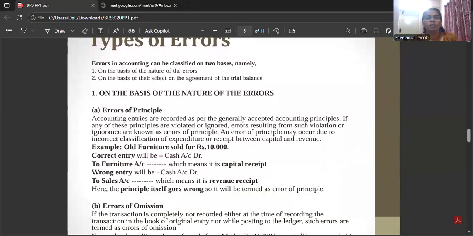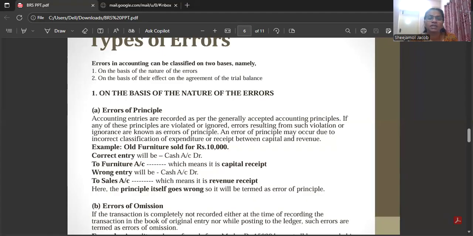Errors in accounting can be classified on two bases, namely on the basis of the nature of the errors and on the basis of their effect on the agreement of the trial balance. On the basis of the nature of the errors, the first one is error of principle. What is error of principle? Instead of the correct entry, we are posting a wrong entry, that is known as error of principle.